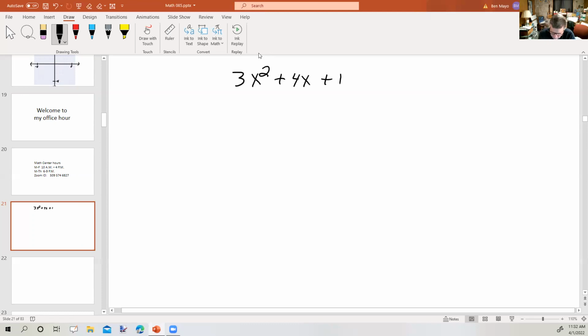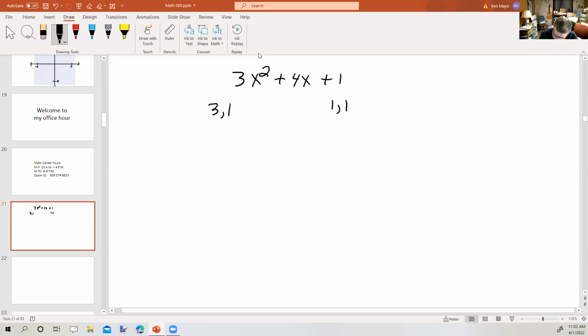Now we take a look at the leading coefficient, the 3, and we write all factor pairs that multiply together to give us 3. In this case, just 3 and 1. Then we look at the constant term at the far right, and we write all factor pairs that give us 1. Since the middle term is positive and the final term is positive, we're only going to have positive numbers.